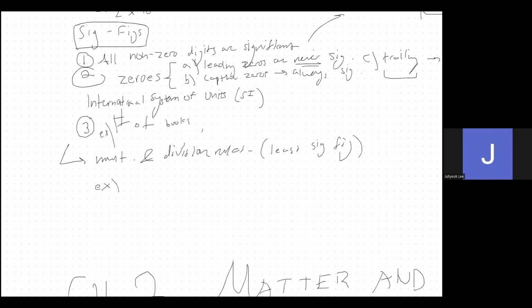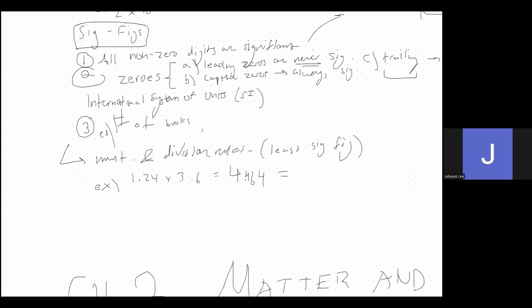Let's do 1.24 times 3.6. Now, if you put that in your calculator or you do that in your head, you will get 4.464. Now, how do we round this number to the correct number of sig figs? That's the whole point of sig figs, to find what number is appropriate to round to.